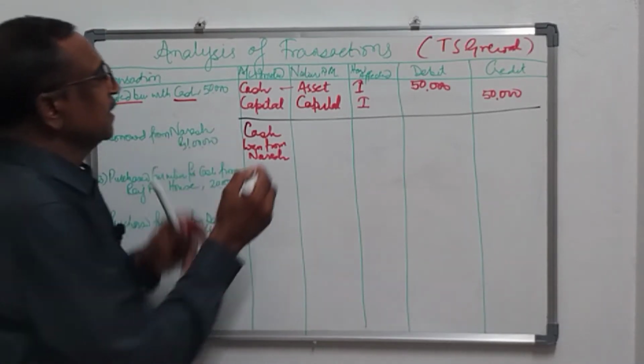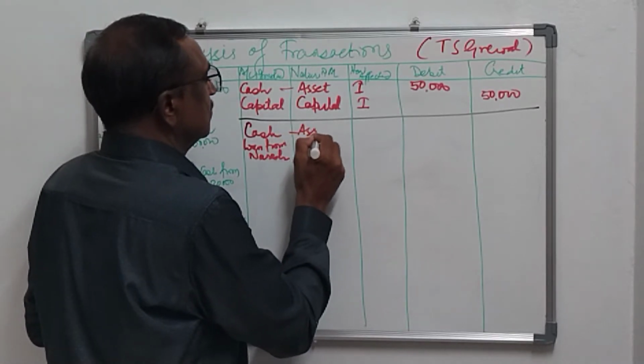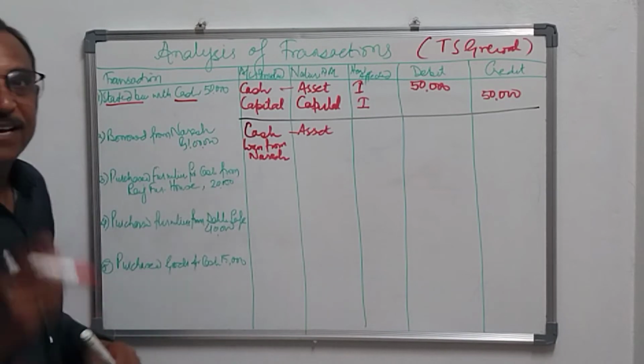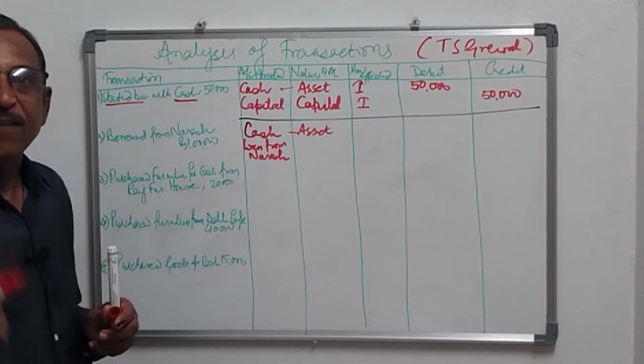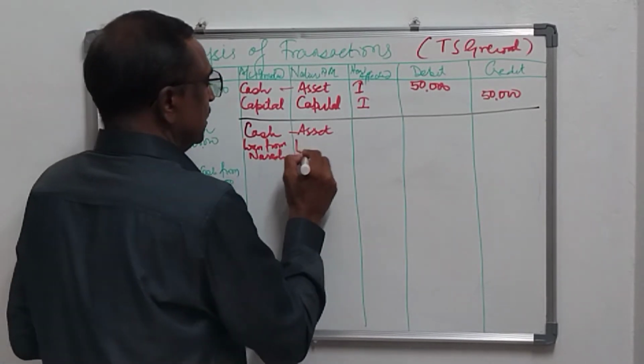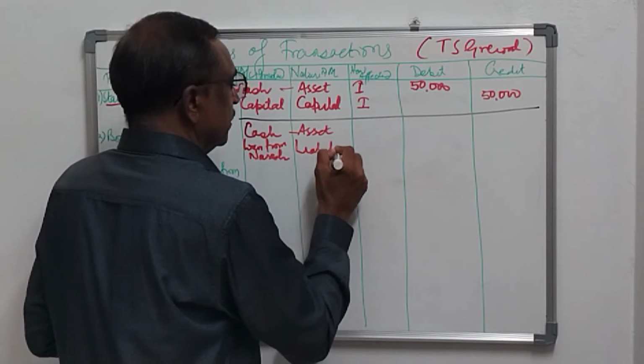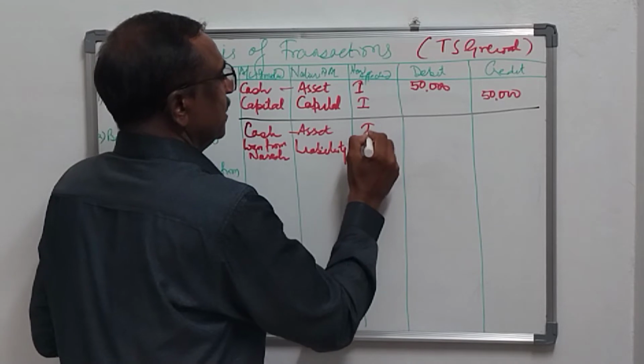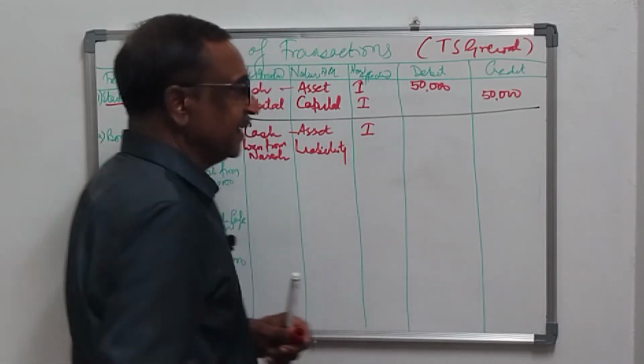And cash is your asset and loan from Naresh is your liability because you have to repay after some time. So cash is also increasing because your business is getting cash.